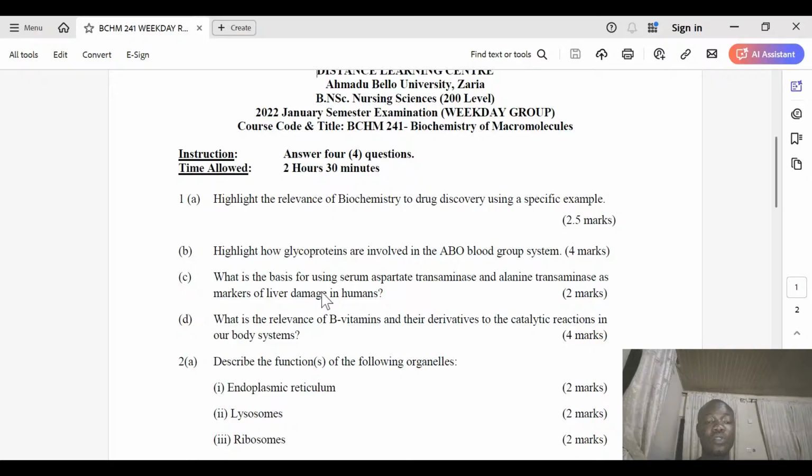Question 1D says, what is the relevance of B vitamins and their derivatives to catalytic reactions in our body systems?